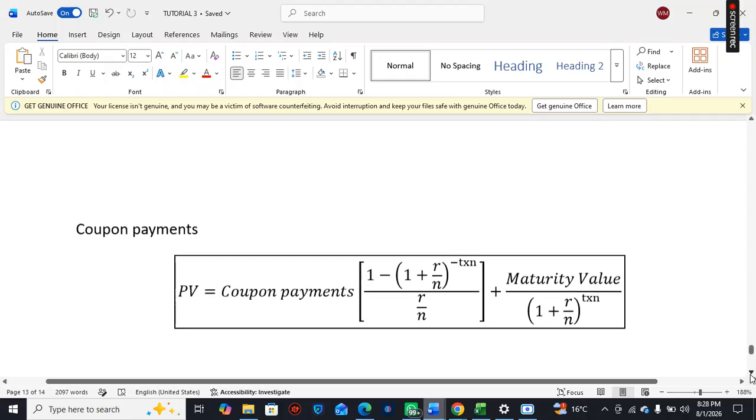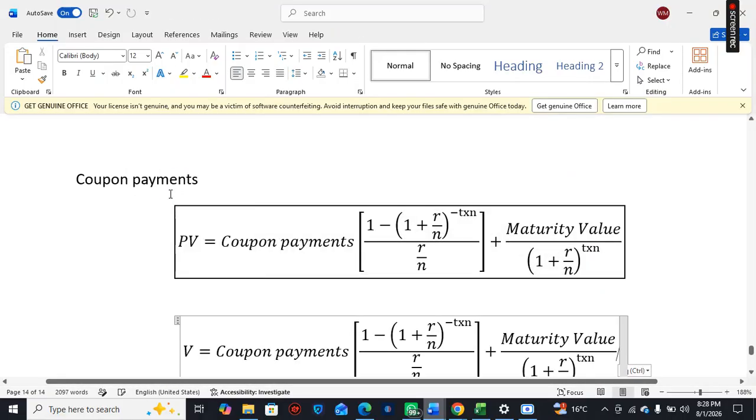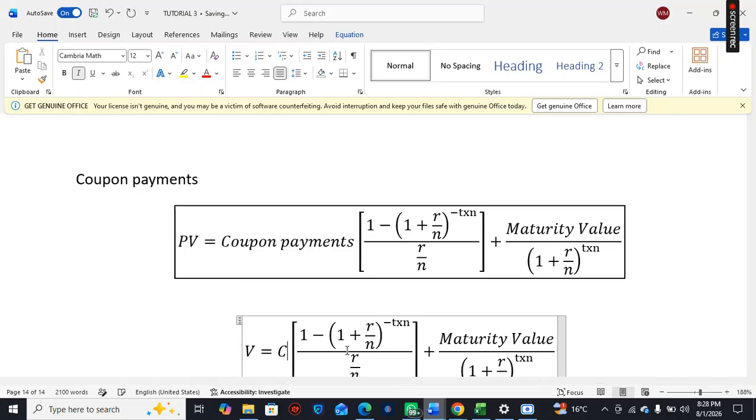Okay. So now we've got our information here. Let us tabulate the value of this bond. So with the coupon payments, 750,000 kwacha.